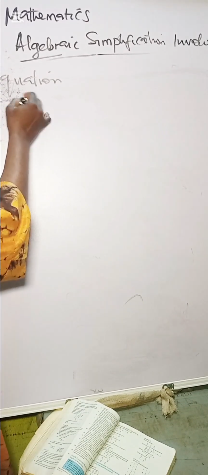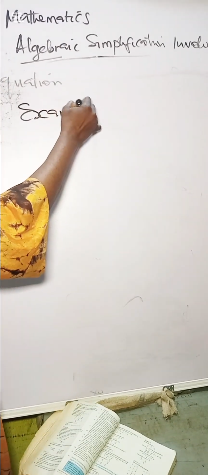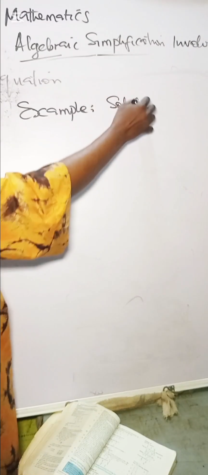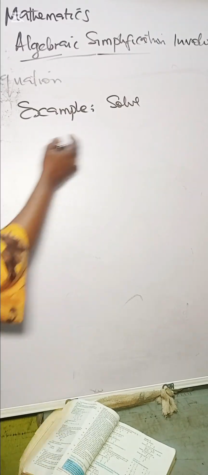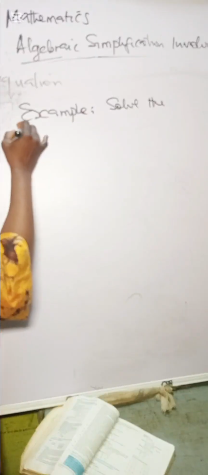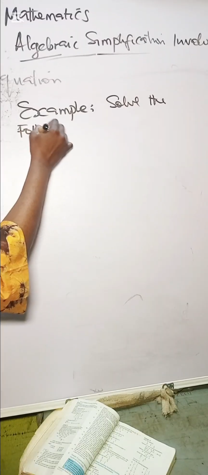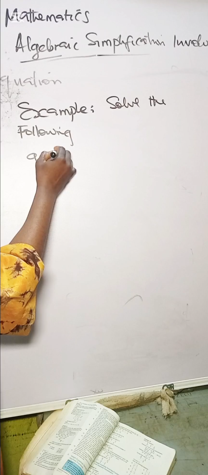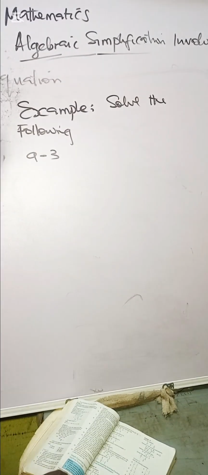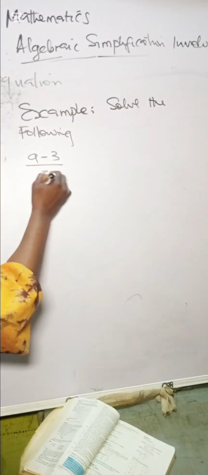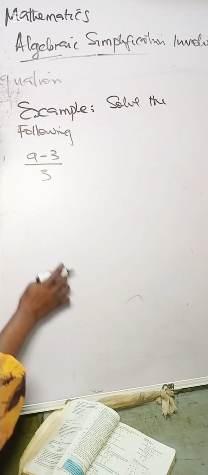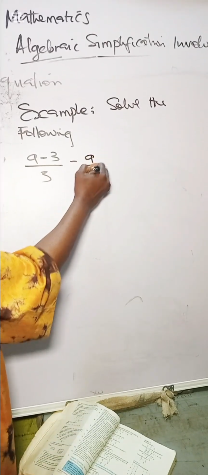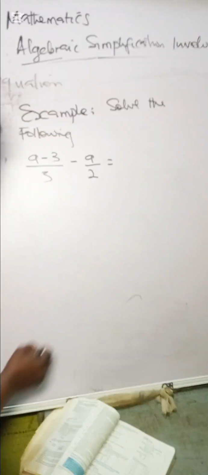For instance, if you're asked to solve the following, I have a minus 3 over 3 minus a over 2 all equal to 0.